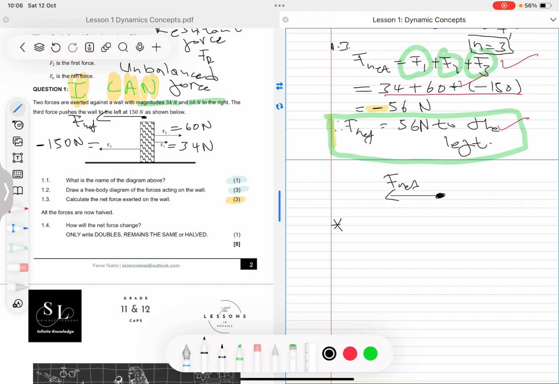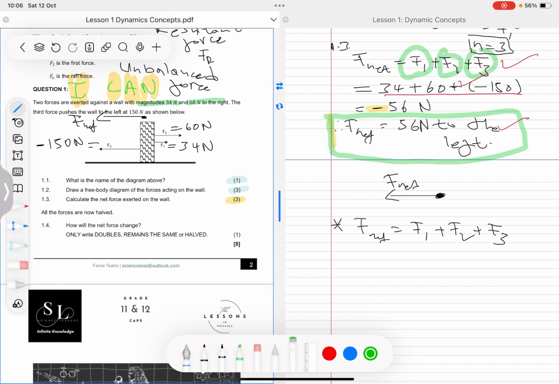So now the net force is equal to F1 plus F2 plus F3. What we said here is that this force is now halved. It means it's going to be 30. This one also would be 17 because it's halved. And this one here, half of 150, I think this will be 75 newton.